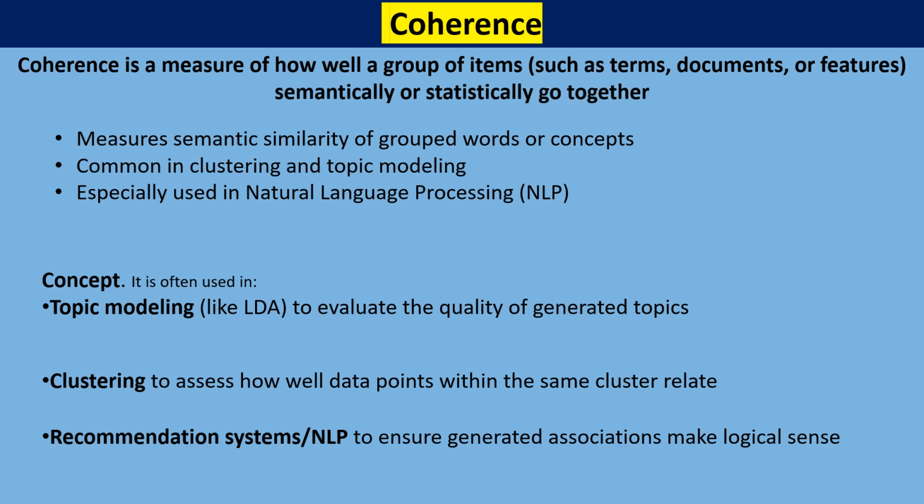In recommendation systems and NLP, it ensures generated associations make logical sense. In recommendation systems, coherence ensures that suggestions make contextual sense, like recommending books of the same genre, not just a random popular item. Overall, coherence gives us a way to validate that our groupings feel right.